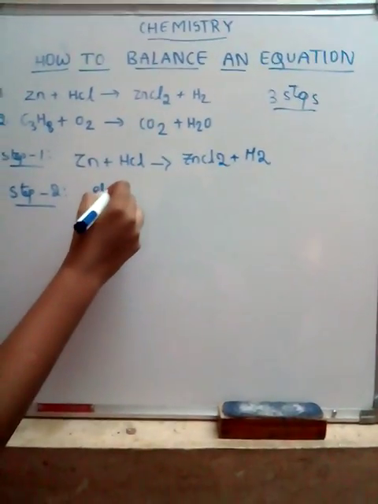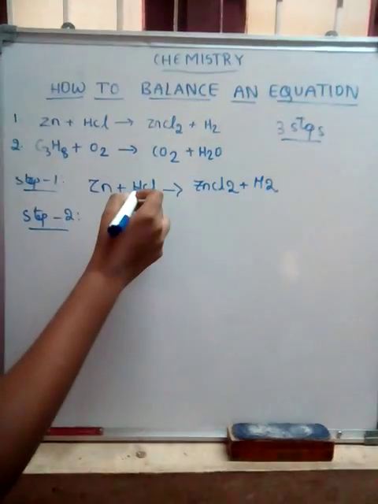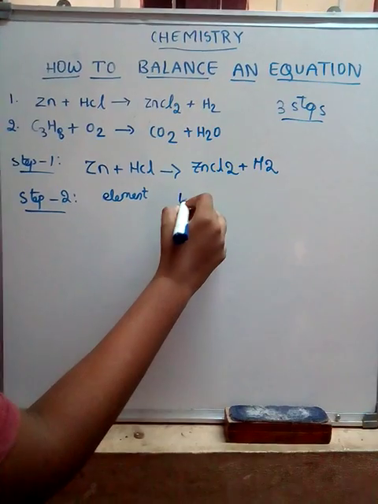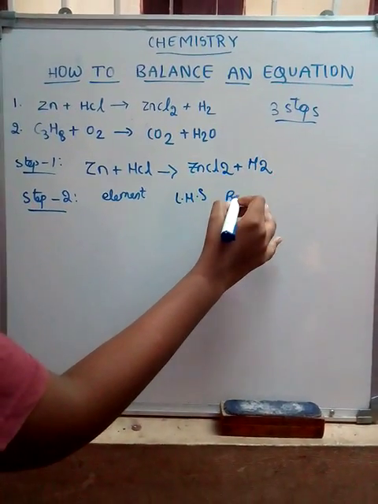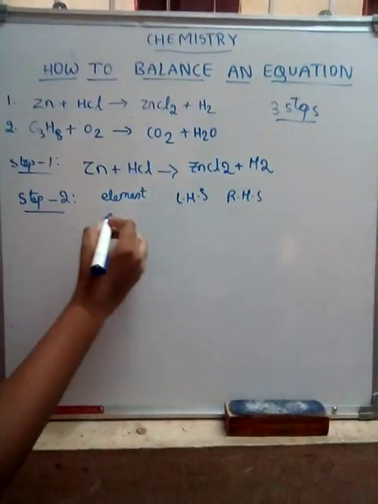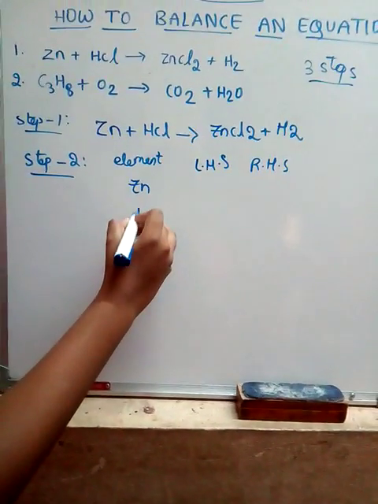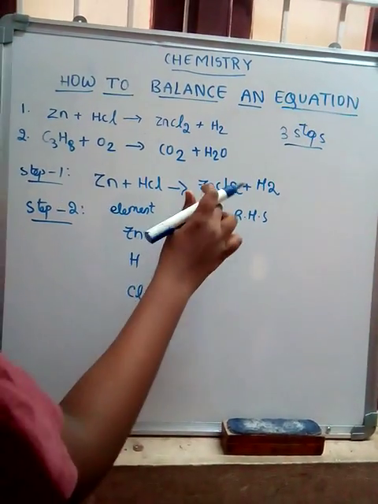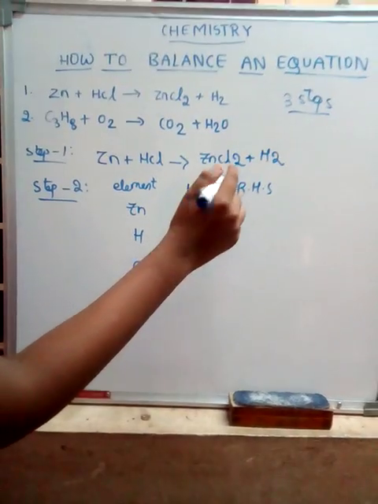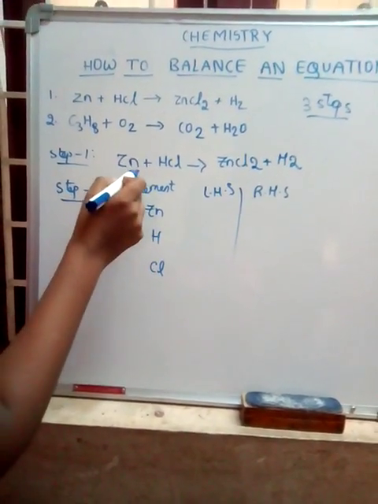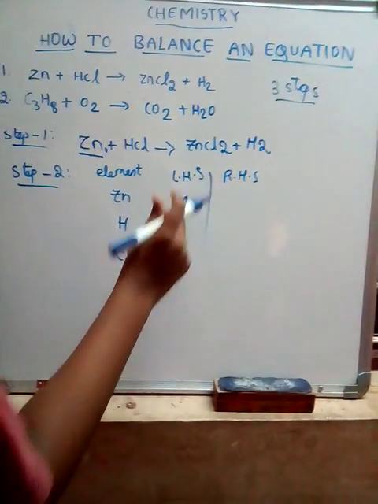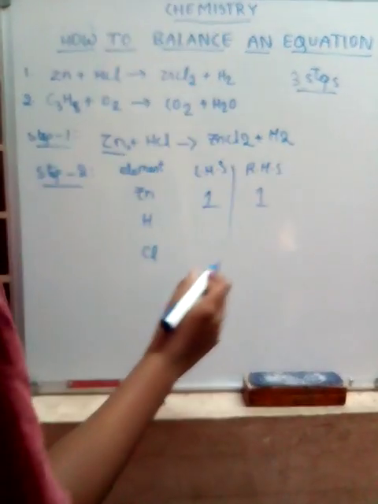First write the elements: zinc, hydrogen, chlorine. These are the elements on both sides. Then write the number of atoms of each element. On the LHS, zinc has one atom, and on the RHS also one.